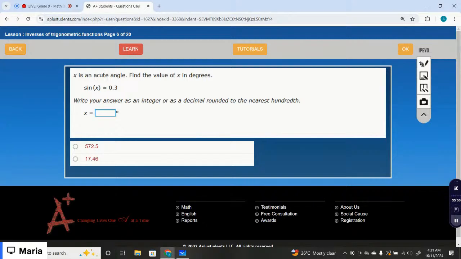You have to evaluate sin inverse 0.3. So sin inverse 0.3 equals 17.46. Option number 2 is the correct option.